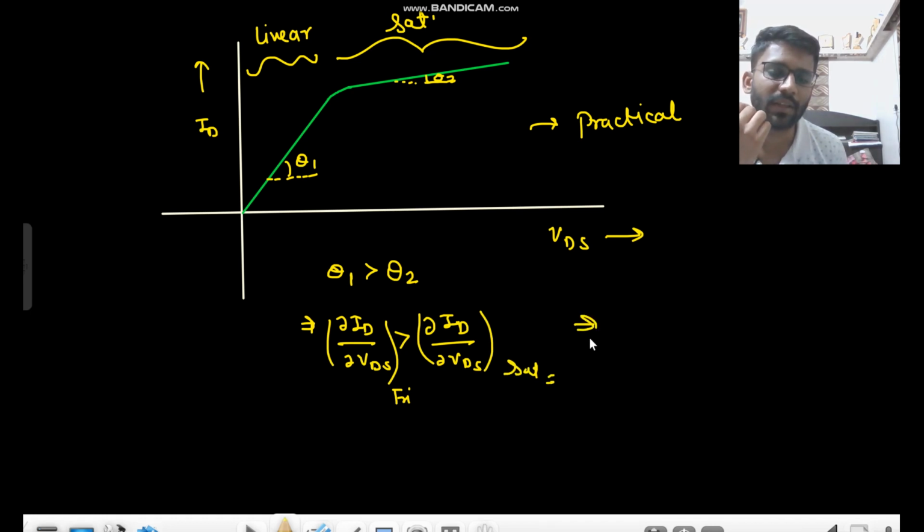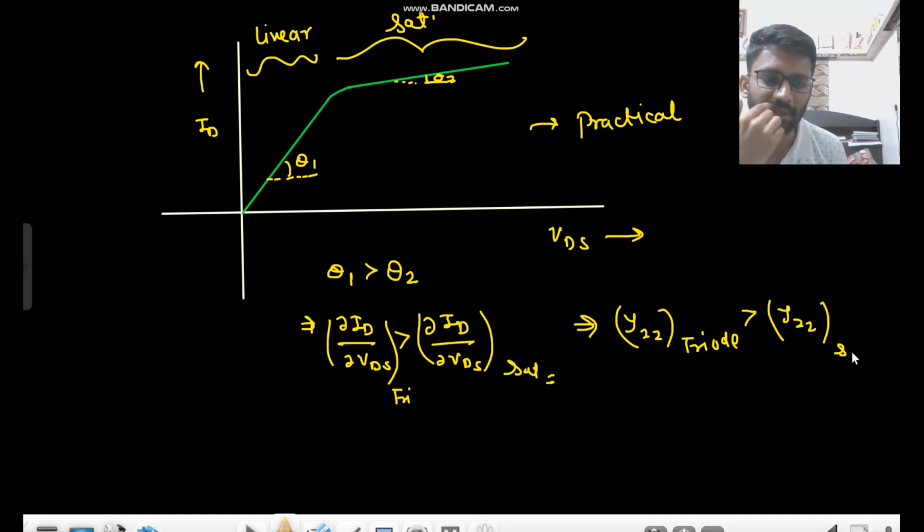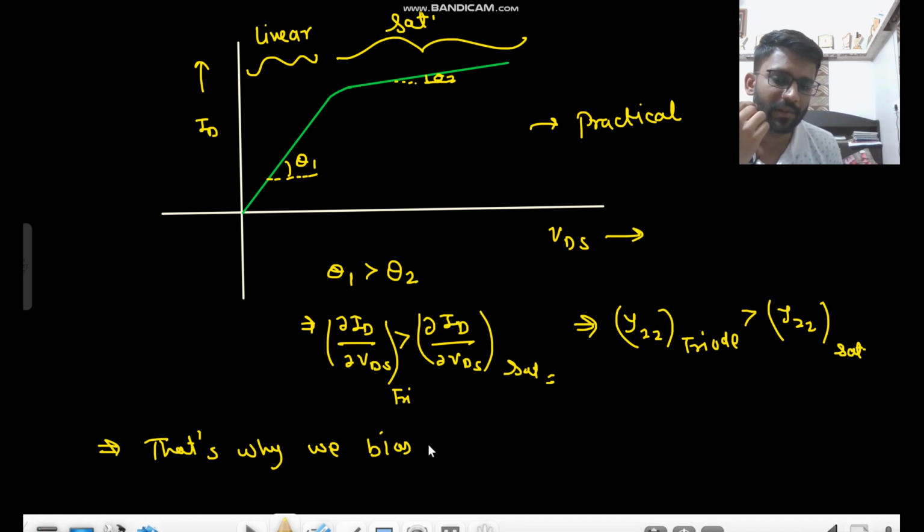So here Y22 of triode region is larger than Y22 of saturation region, and that is not desirable. So that's why we bias the MOSFET in saturation region for amplification.